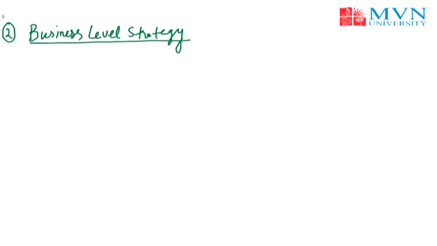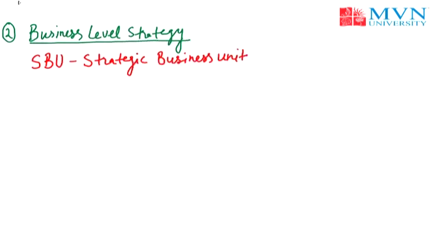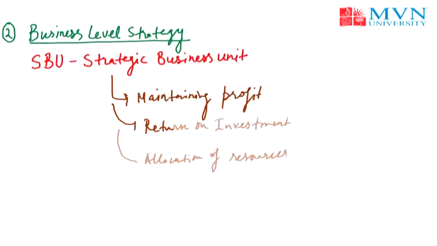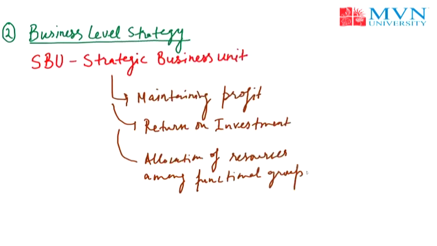We commonly call it an SBU, strategic business unit. To name a few of its functions: maintaining profit, return on investment, and allocation of resources among functional groups. These are a few of the strategies at the SBU or business level.